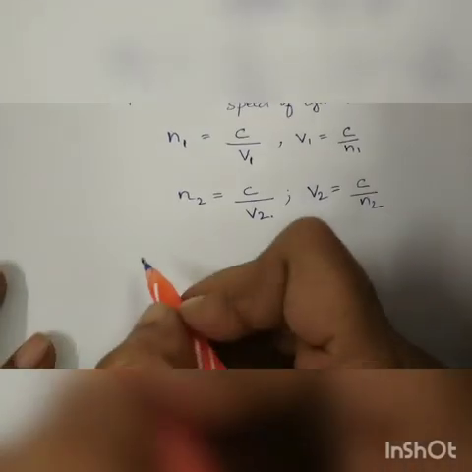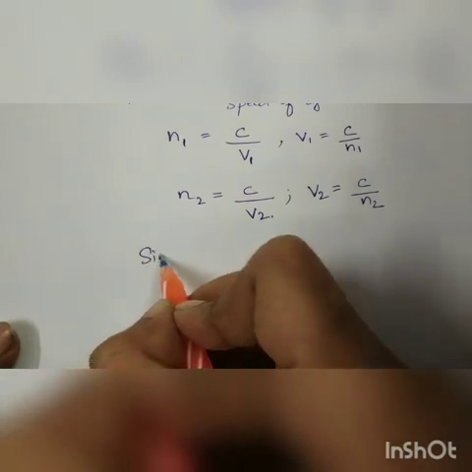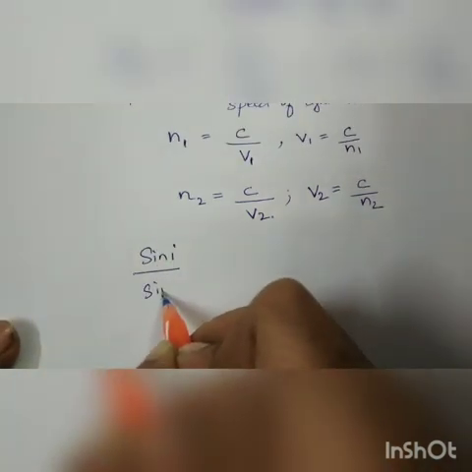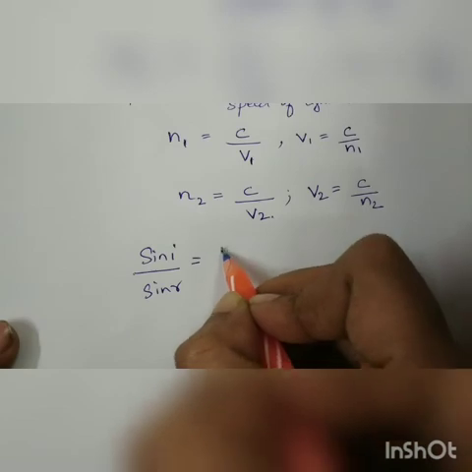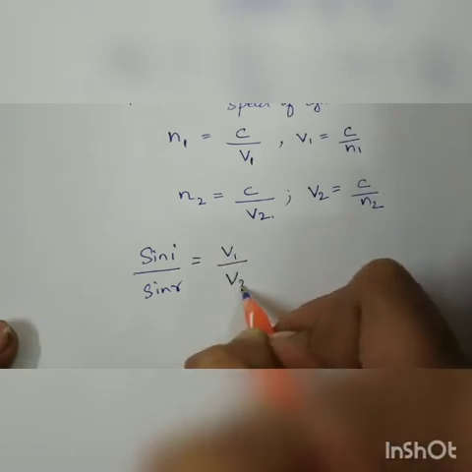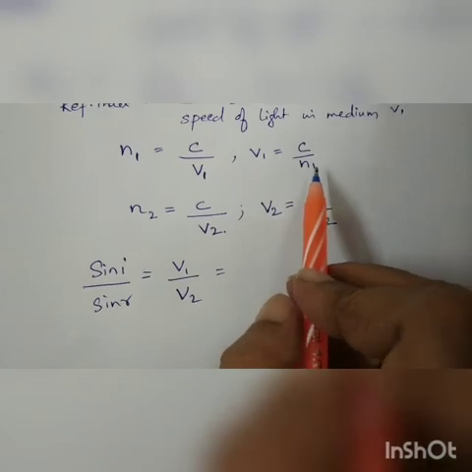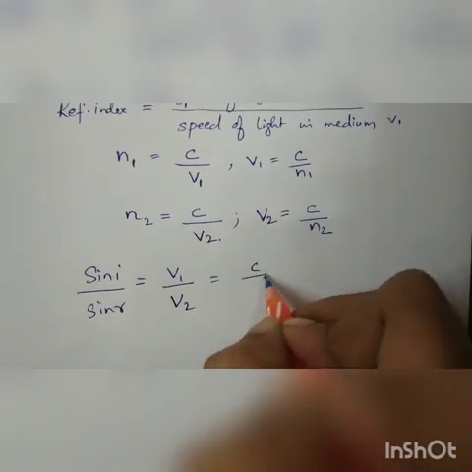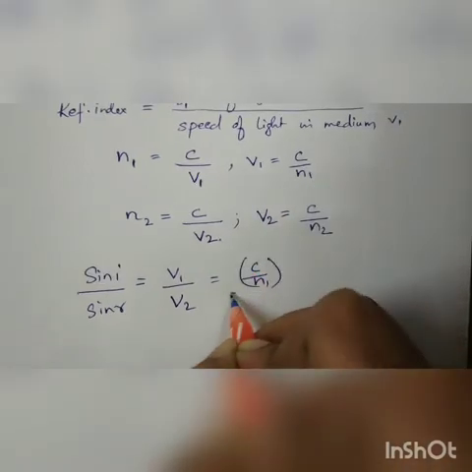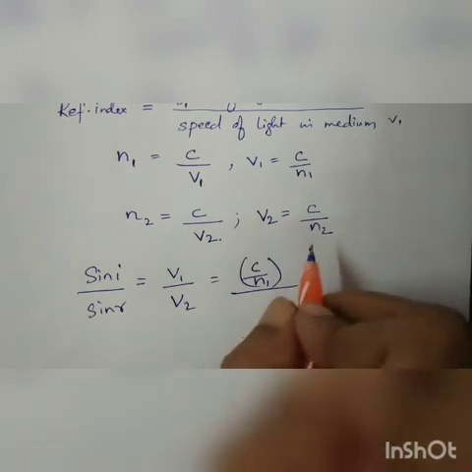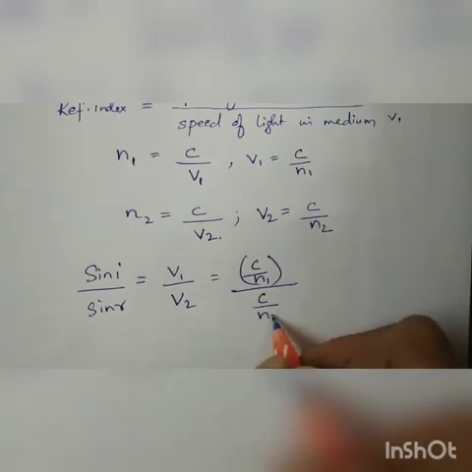What is sin i by sin r? Sin i by sin r is equal to, instead of v1 and v2, we can write the value of v1, c by n1, divided by the value of v2, c by n2.